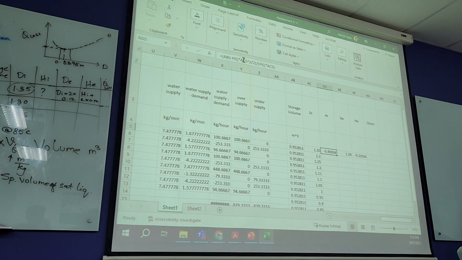Should be volume divided by pi r squared. What I used was the diameter: volume divided by pi d squared divided by 4 for the height. Can you repeat that? The volume divided by pi d squared divided by 4.